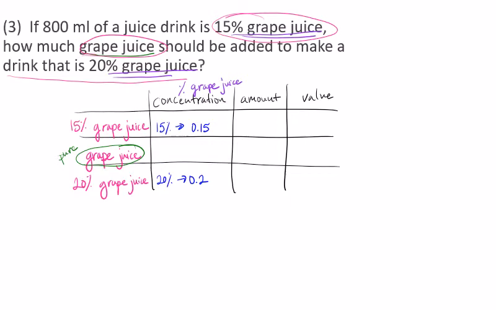What percent grape juice is in pure grape juice? 100%, right? We saw one earlier where we had water that was 0% acid. It's 100% water, 0% acid. Here, since we're measuring percent grape juice, it actually is 100%. It's a pure substance, so it's 1.00 or just 1. We'll just leave it at just 1, okay?